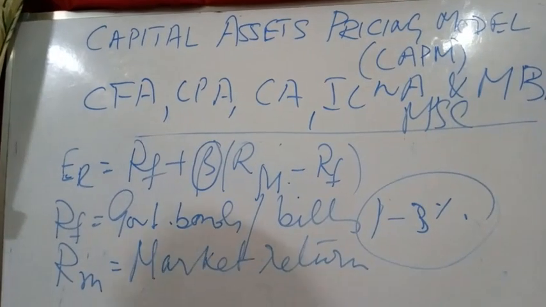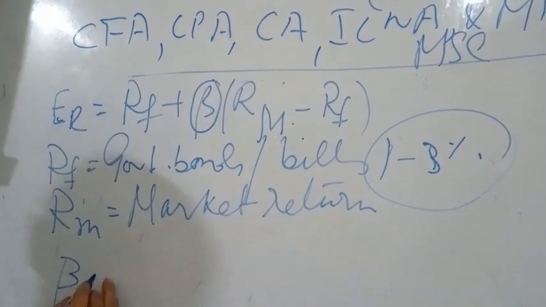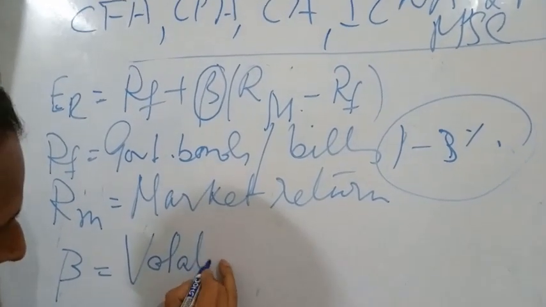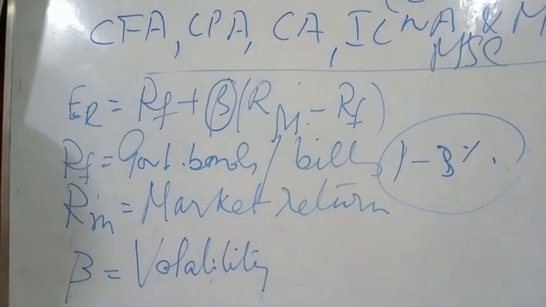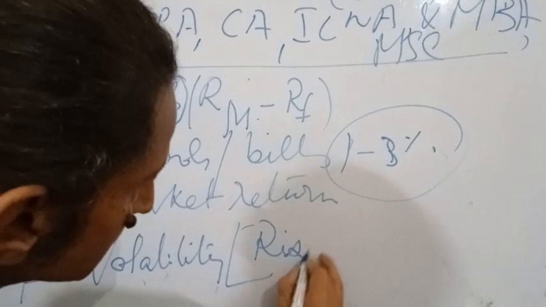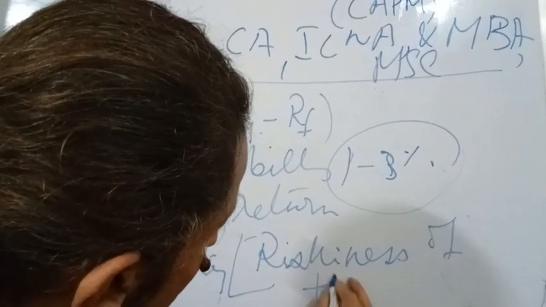Now beta, this is very important. Beta measures the volatility of the stock, that is the riskiness of the stock.